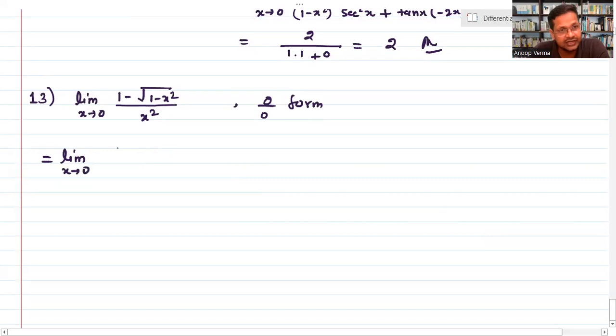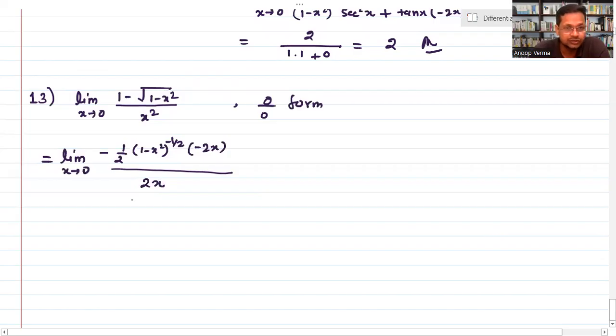तो 1 का तो 0 हो जाएगा और ये हो जाएगा माइनस 1/2 एंड दिस इज 1 माइनस x स्क्वायर की पावर -1/2 एंड फिर हमारे पास माइनस का 2x, तो 1 माइनस x स्क्वायर का फर्दर करेंगे तो इट विल बी 2x. तो यहाँ से 2x कैंसिल, ये माइनस और माइनस प्लस हो जाएगा, तो रिमेन्स व्हाट, दिस इज लिमिट x टेंडिंग टू 0 एंड plus this is 1 upon 2 root 1 minus x square.